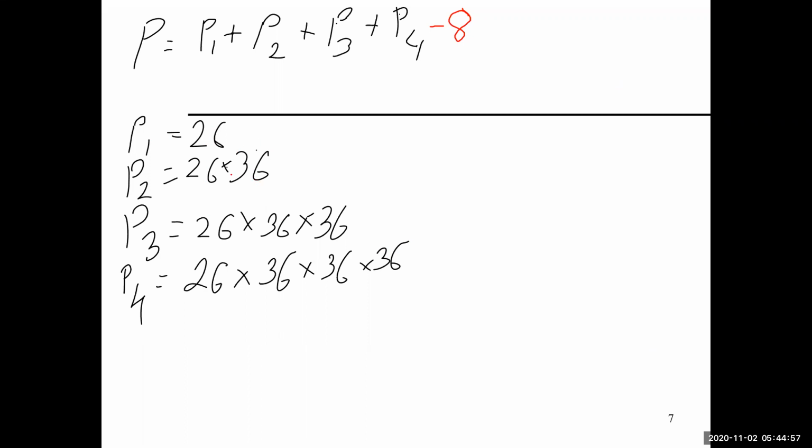So there are 26 alphabet characters and 10 numeric characters, so this position can be taken by 1 of the 36 characters. The same way for length 3 and length 4 variable names. If we sum P1, P2, P3 and P4 and subtract 8 from it, that is the total number of variable names that we can generate for the language X.